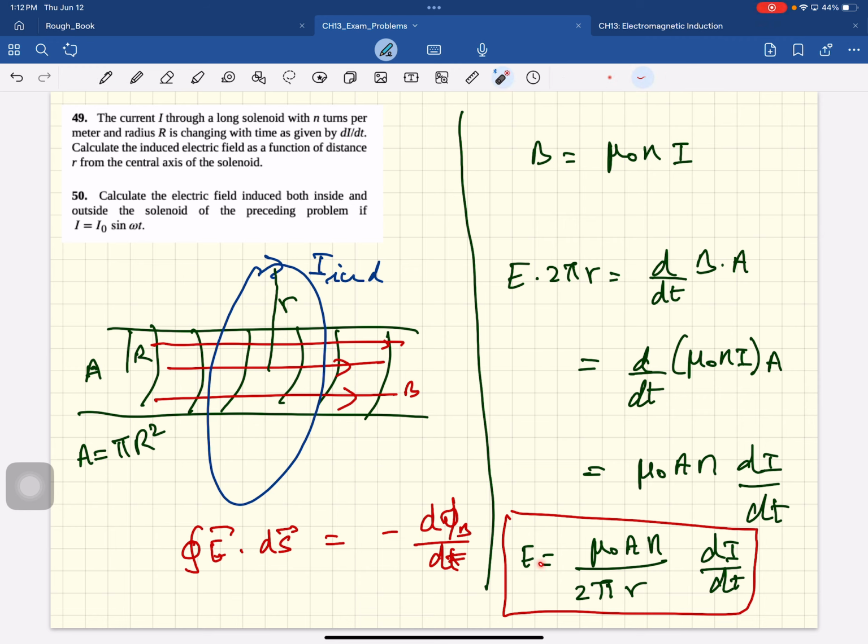It falls off as 1 over r. The further out you are, the weaker the electric field. And it's related to the rate of change of current. So if the current is steady, if di by dt is 0, the electric field is 0. Why is the electric field 0 if the current is steady?